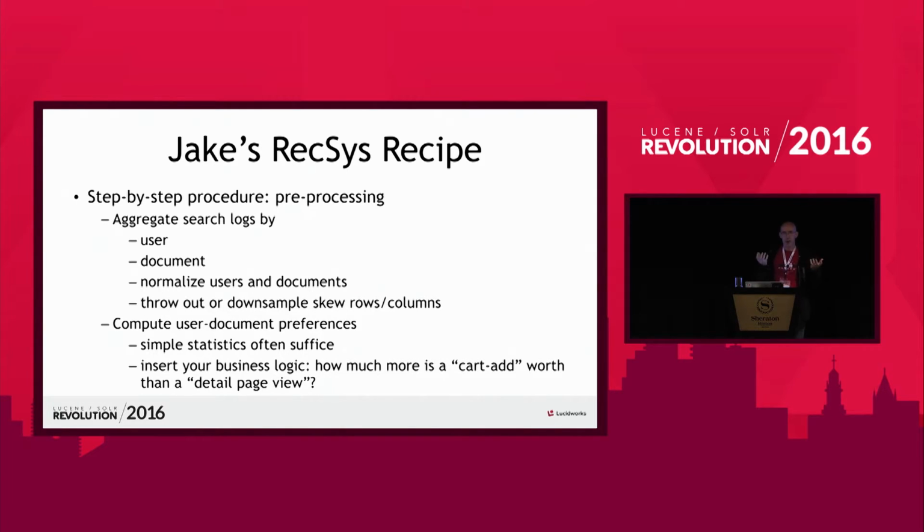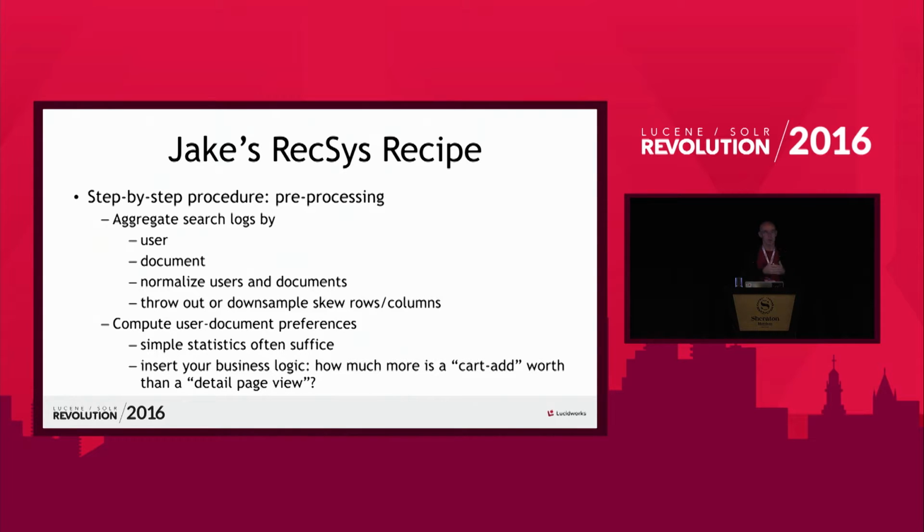And then once you've got these aggregations and these norms, you can do various steps to do the real work of generating this user item preference collection, this matrix that is going to go into the algorithm. Often when generating preferences between a user and an item, simple statistics is really all you need.